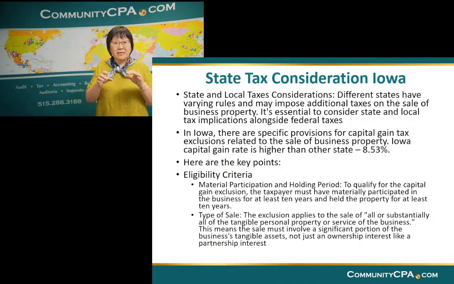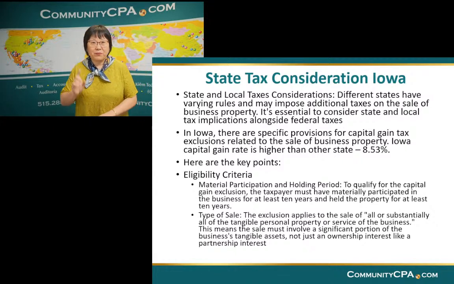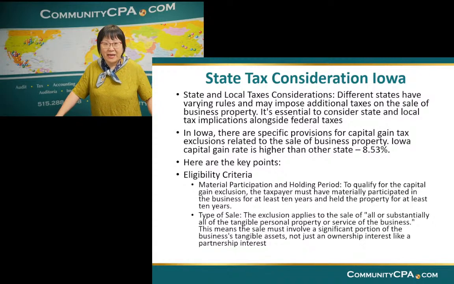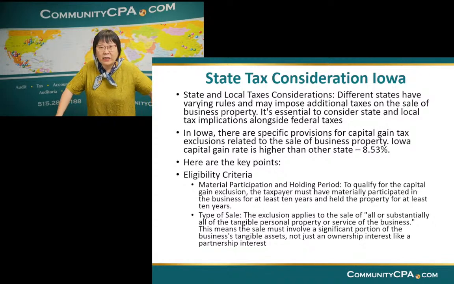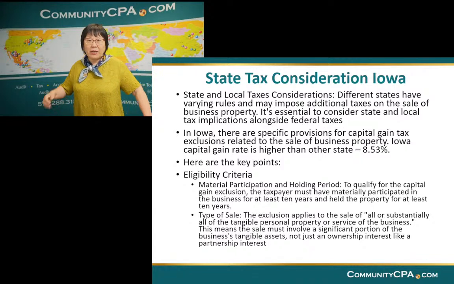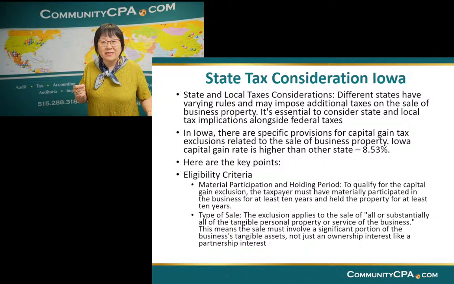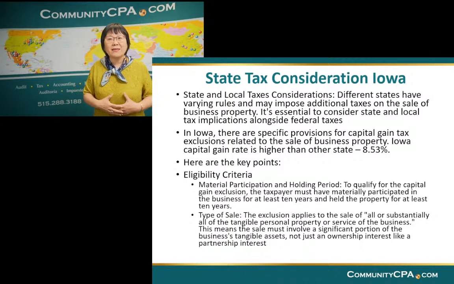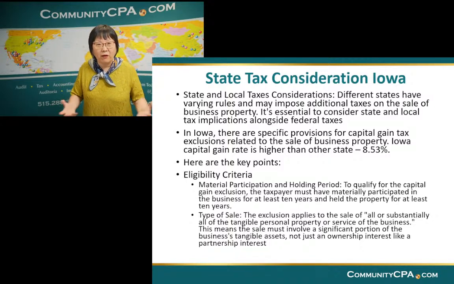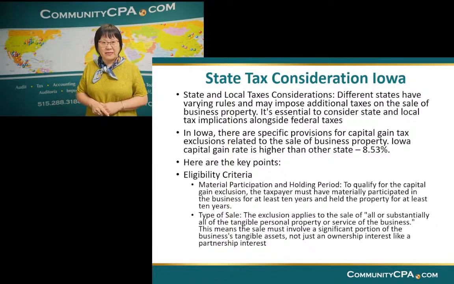And here are the eligibility points. If you materially participate and the holding period is longer than 10 years, then when you sell your business property, that gain is exempted. And the type of sales: the exclusion applies to the sale of all or substantially all of the tangible personal property or service of the business.